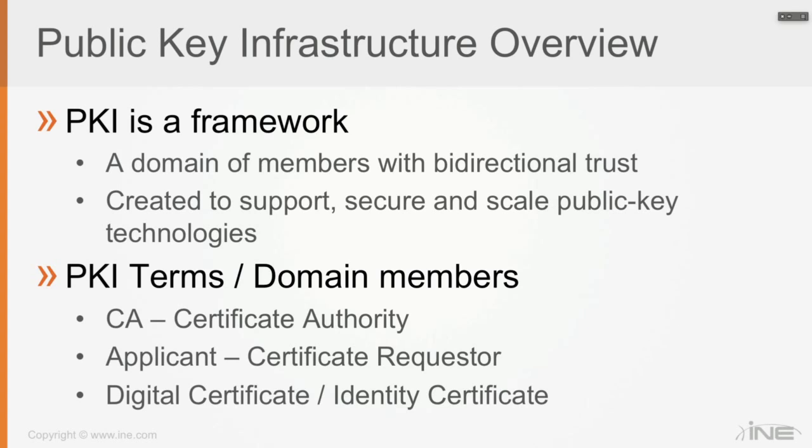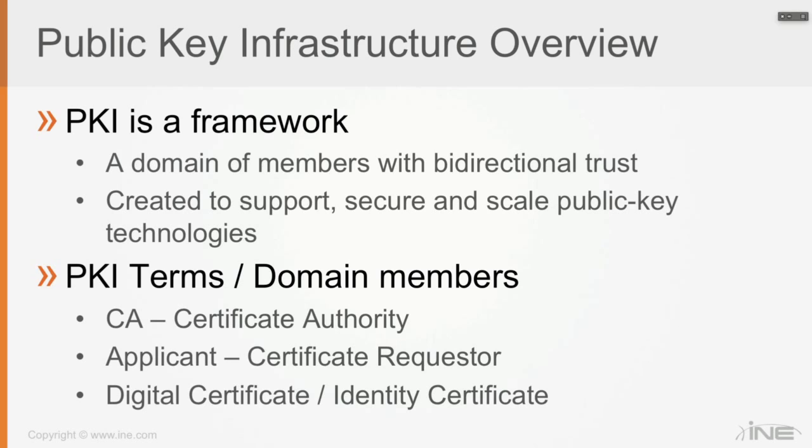So we have something which is called the CA, or the certificate authority, we're going to see in a couple of what that is. We're going to have the applicant, which is going to be the certificate requester, and we have the digital certificate or the identity certificate, or how it's called, the public key certificate.